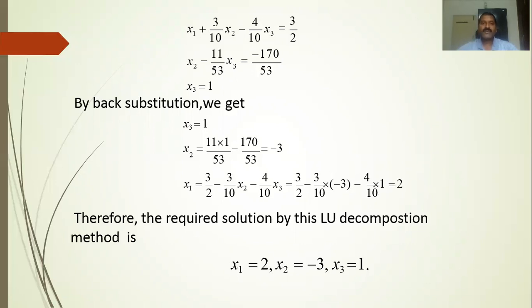Then how to solve a system? AX equal to B is the system. Take A as LU, then LUX equal to B. Take UX as Y, an intermediate variable. That will yield Y. Then plug in that Y, that will yield you X. That gives the required solution. So that's how we solve the system of equations.